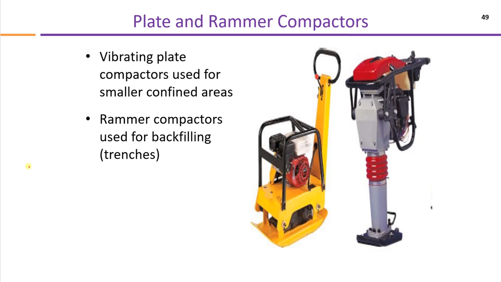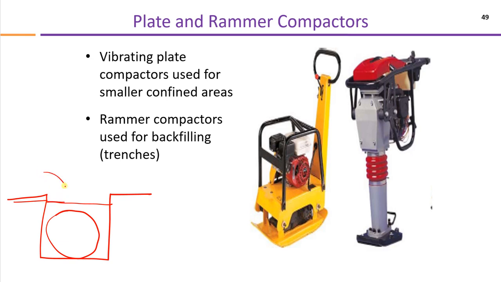For example, we are placing some pipeline, and for that pipeline we excavated the soil, we make this trench, and then in this trench we are going to place the pipe, and then after that we are going to backfill this material. So here, what kind of compaction equipment we are going to use? We cannot use here rollers or something, so we are going to use these handheld compactors. So these are called plate compactors, or sometimes this is also used in the buildings.